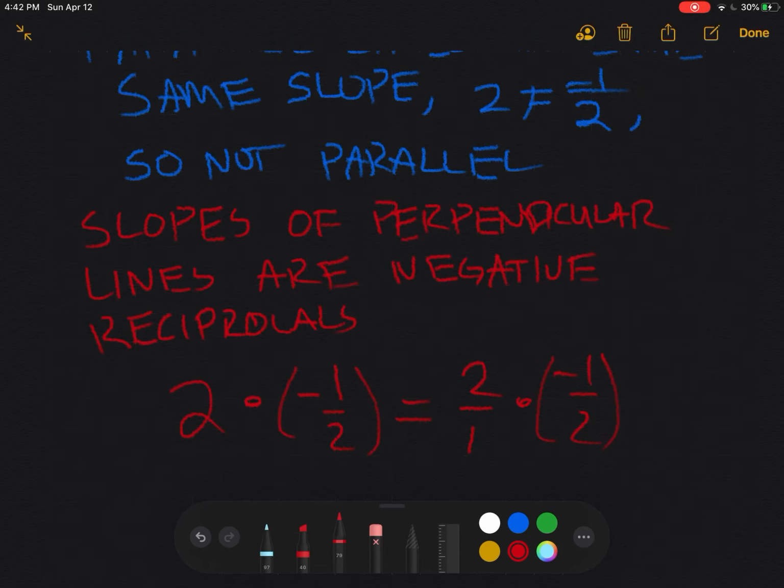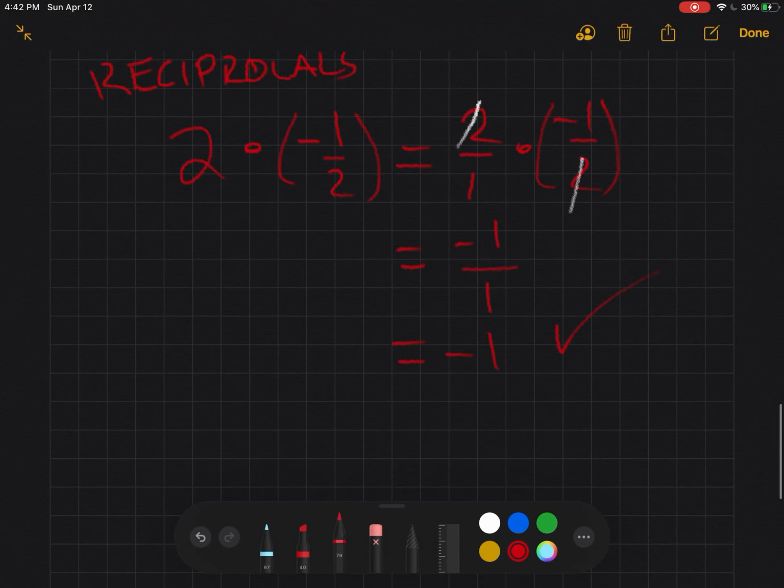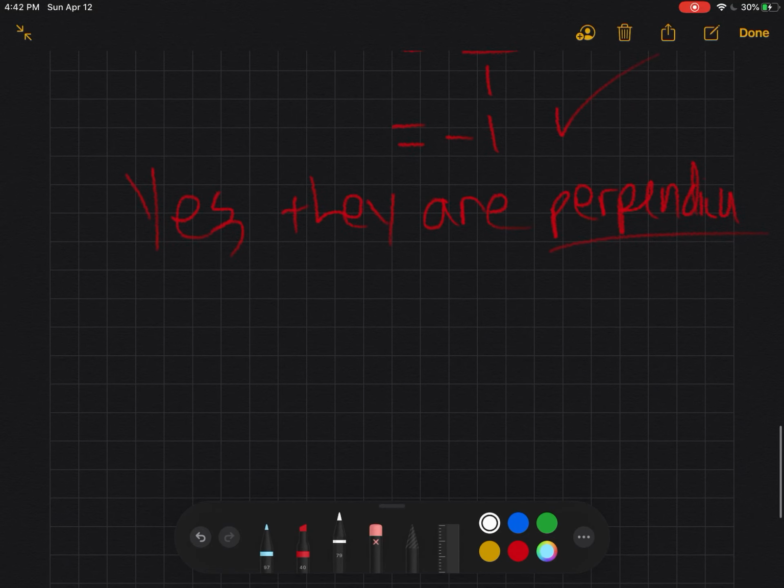If I take 2 and multiply it by -1/2, that's the same as saying 2 over 1 times -1/2. Here I have common factors of 2, and I'm left with -1 over 1, which is -1. So these are negative reciprocals. So yes, they are perpendicular. Ooh, I ran out of room. But you know what I mean. They are perpendicular.